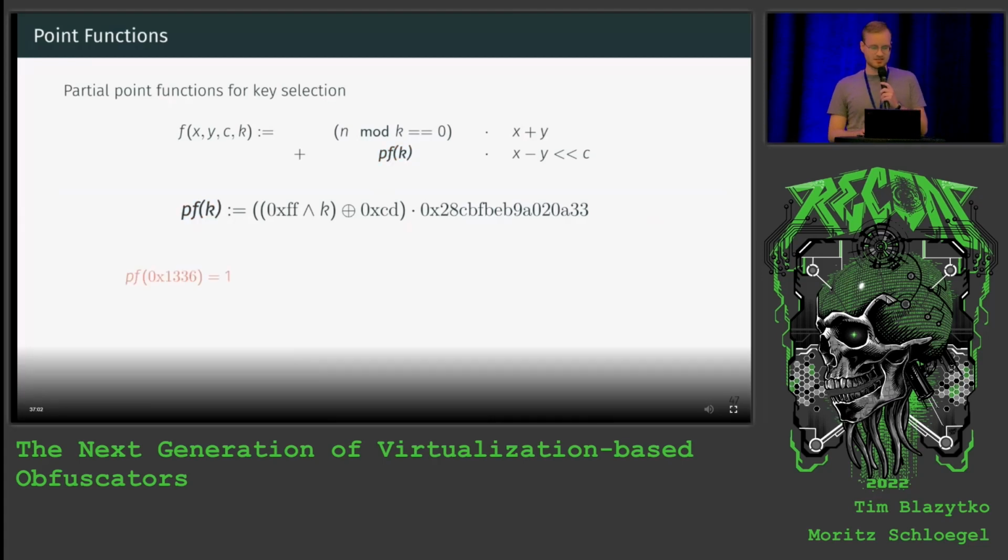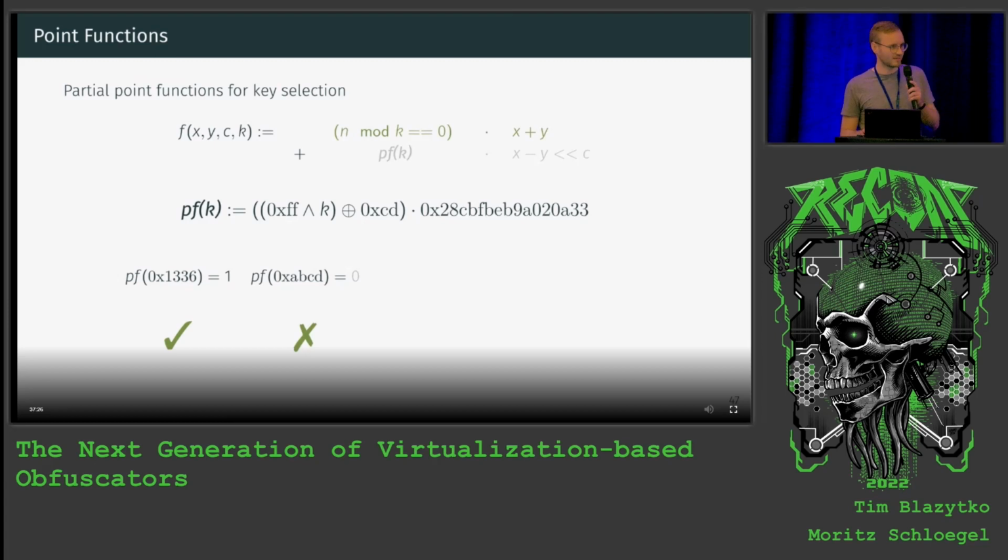Constraint number one is that for a valid key, so for example, for 0x1336, it returns 1. This means we've selected this instruction semantics, and we want this result. And the second constraint is that for the key of the other instruction semantics, it returns 0.